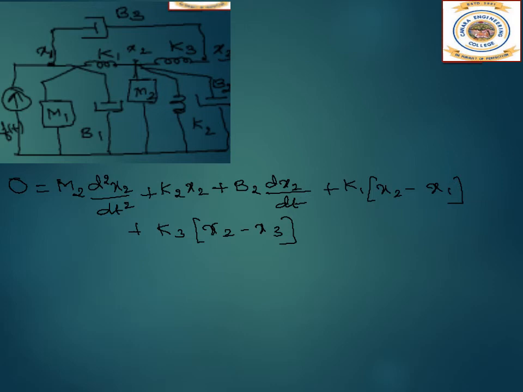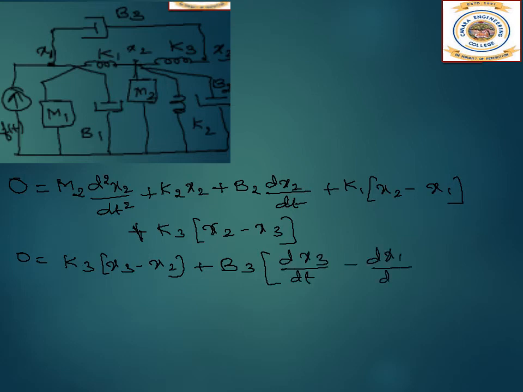Next, considering node x3, 0 equal to, only two elements are there, so k3 into x3 minus x2 plus b3 into dx3 by dt minus dx1 by dt.